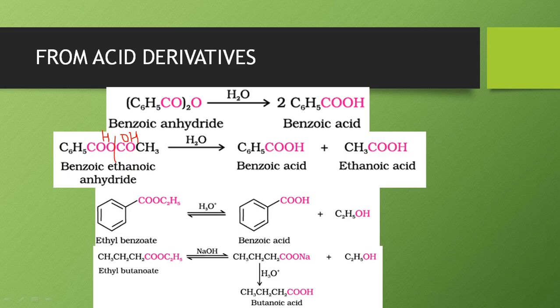You can see the reaction with ester also. It breaks from here. You get on hydrolysis one molecule of alcohol and another molecule of carboxylic acid. Similarly, with ethyl butanoate also, you get one molecule of acid and one molecule of alcohol.